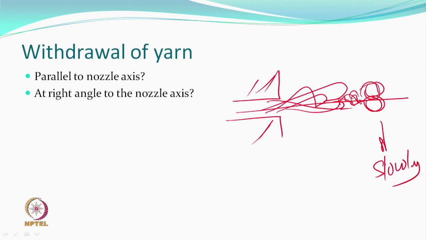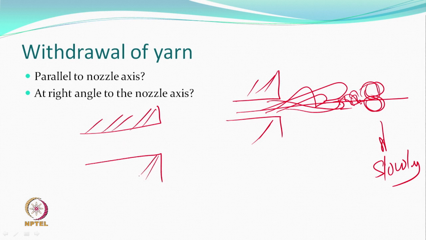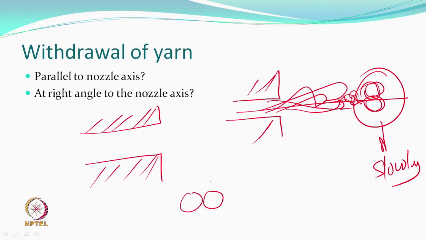But suppose we make a simple change and say that this is not in a line, but it is actually almost at right angles to the path of the yarn motion.